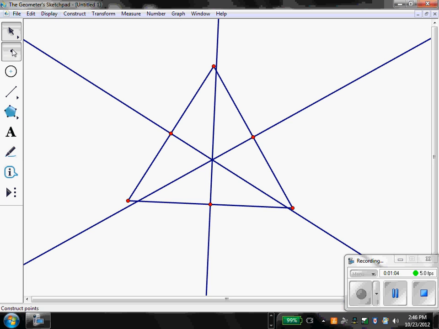Notice they do intersect in one point. So the intersection point of perpendicular bisectors is called the circumcenter.